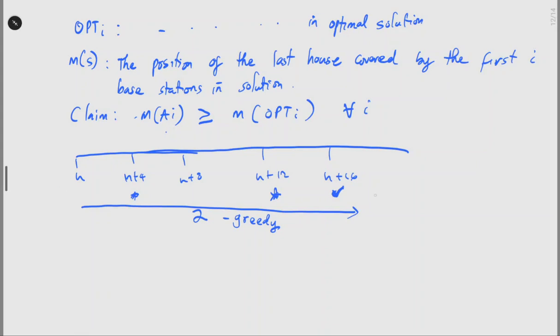And this gave us the farthest position for the last house. Now, for the optimal, let's think about another algorithm. Let's call it an optimal solution that uses these same two base stations, but then it covers only here and here.